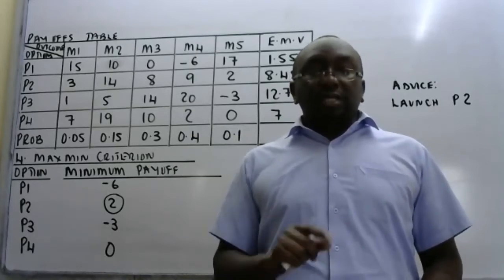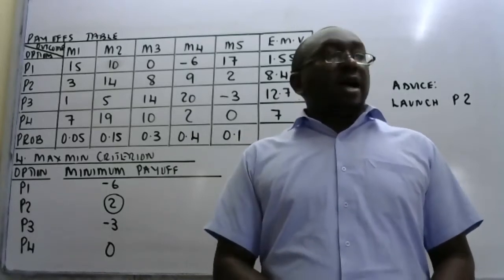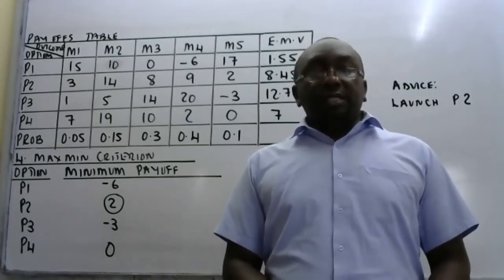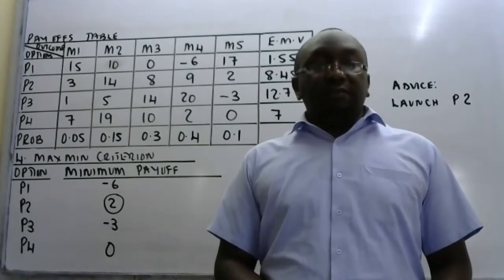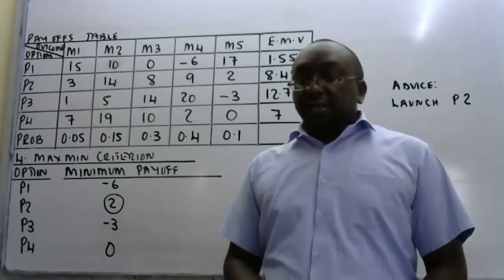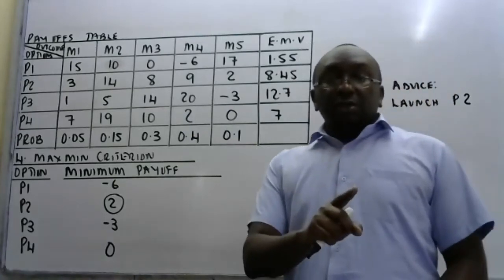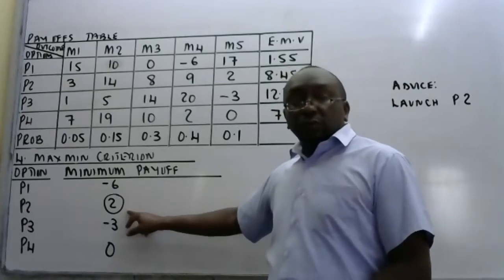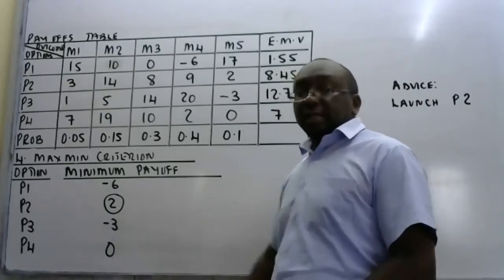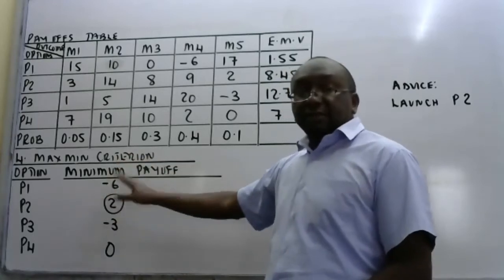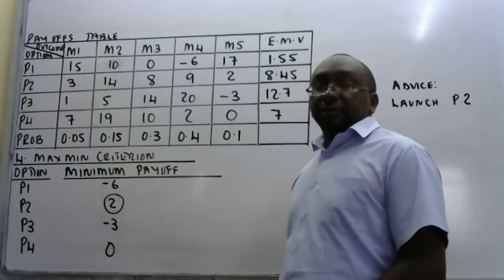So when you see someone making a different conclusion from yours, don't be quick to call them fools. Please understand that they could have used a different rule than the one that you have used. They only become fools if they have used this rule and they have not selected 2. That's when you can say that person is a fool. But as long as they have used that rule and they have used it correctly, they are okay.